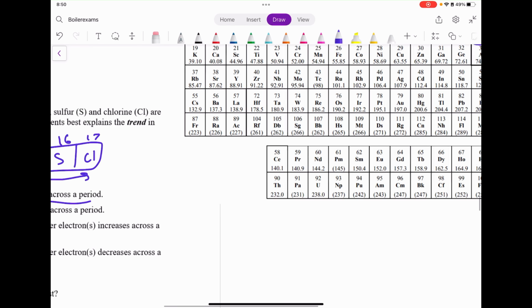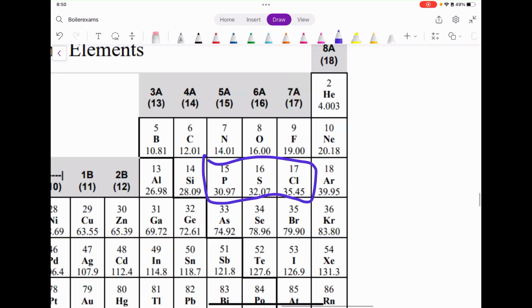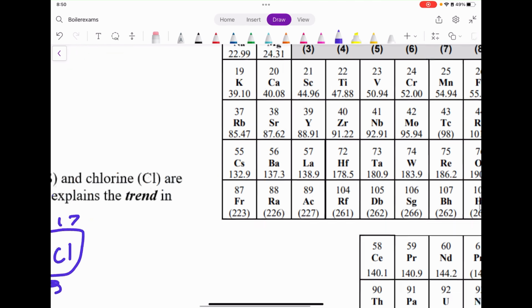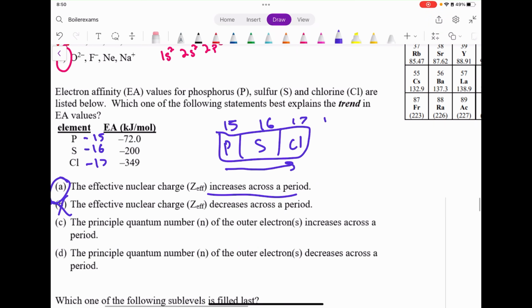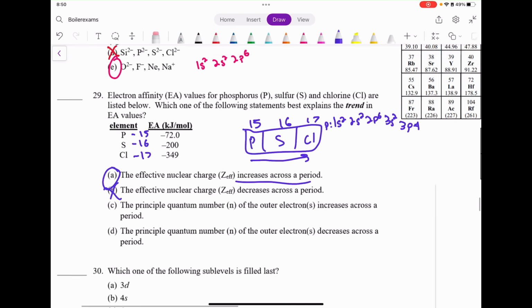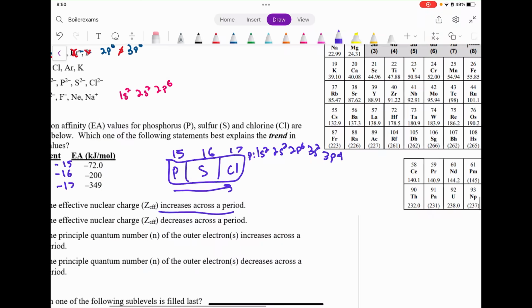C, the principal quantum number n of the outer electrons increases across the period. This is not true. So in this group right here, all of these elements have their outermost electrons in the 3p, all 3 of these. So that's not true. And if I just write the configuration, phosphorus is going to be 1s2, 2s2, 2p6, 3s2, 3p3.